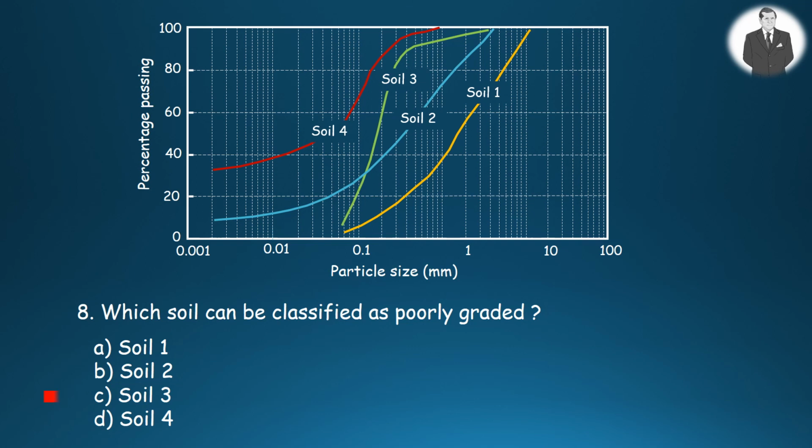The answer is C. Soil 3 is poorly graded because soil 3 has more or less the same size of soil particles, and therefore it is named poorly graded, in other words, uniformly graded soil.